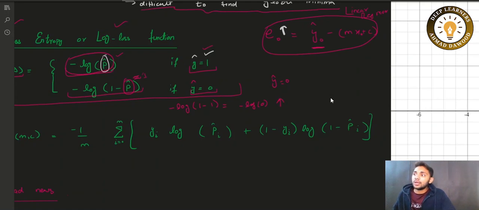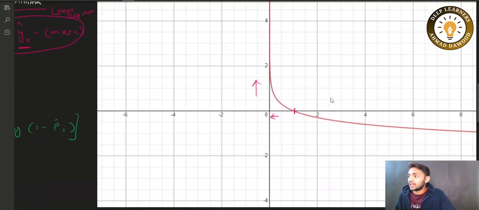Now if your actual value and your probability are closer to each other, let's say your actual value is 1 and your probability is 1, then your cost will be minus log of 1, which is closer to 0. That means your error is very low. From the graph you can see that log of 1 is 0.